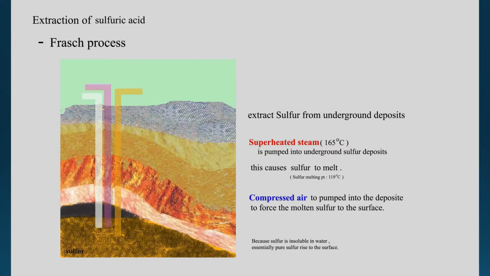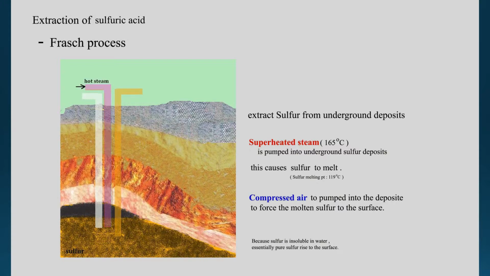Extraction of sulfur: the process is called the Frasch process. Sulfur is plentiful underground. To extract it, you need 3 pipes. 2 pipes go in, 1 pipe comes out, as follows.